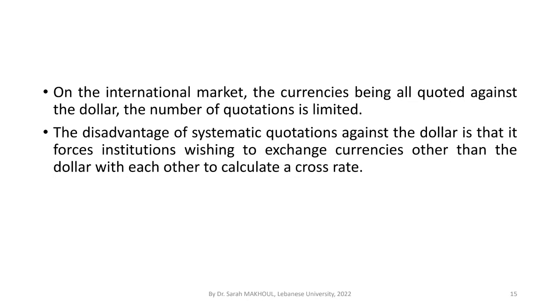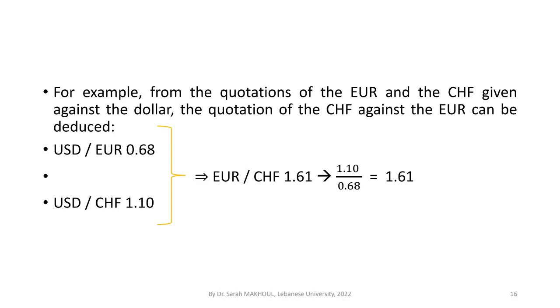We know that the official market, between parentheses official, is the dollar against all other currencies. What to do, how to calculate a cross rate? It's easy, don't panic, it's an easy path to manage.